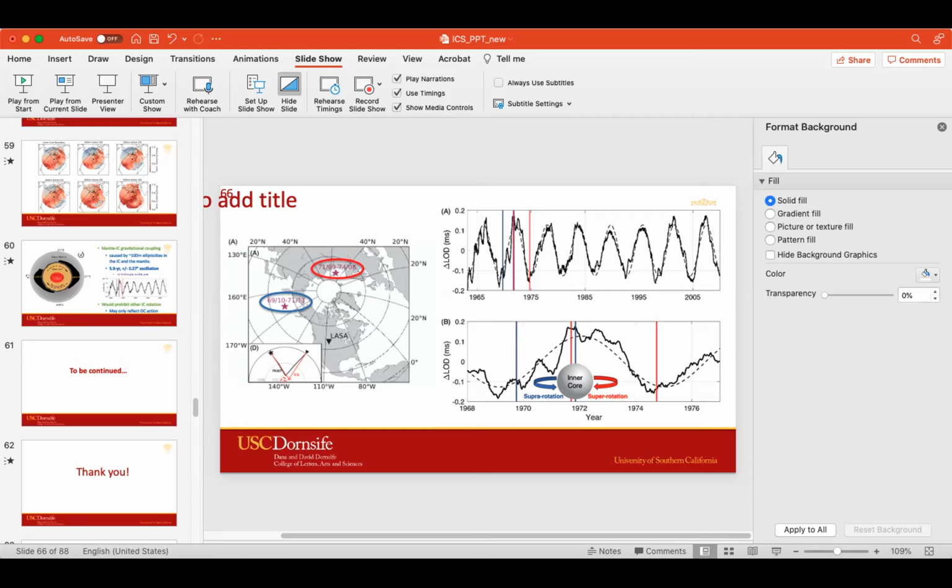As we know, in most parts of the Earth the temperature grows with depth, so the heat flux is from this direction. T2 is larger than T1, so when we compute the heat flux, this is small compared to this side.